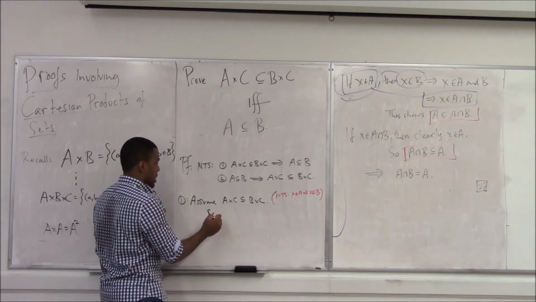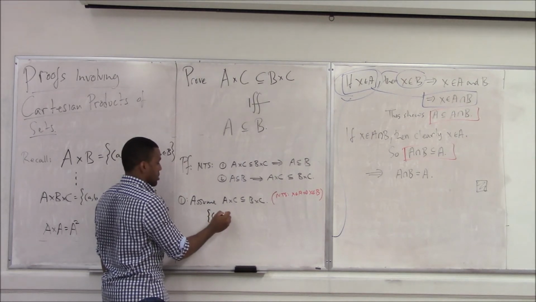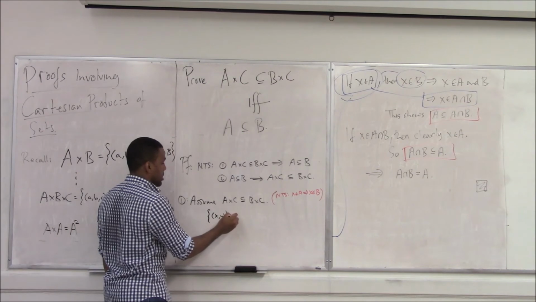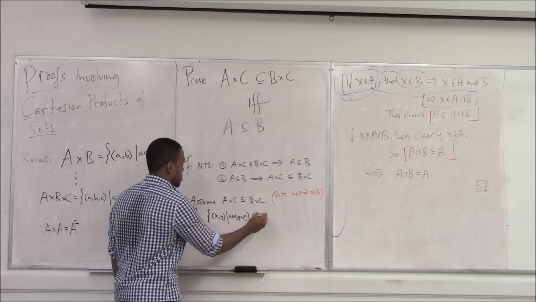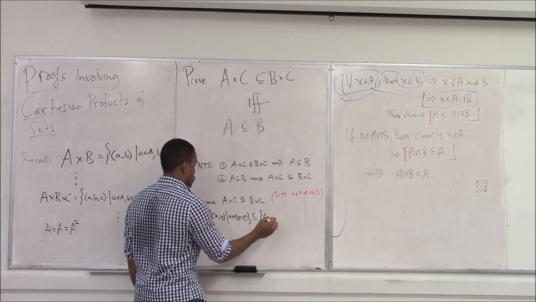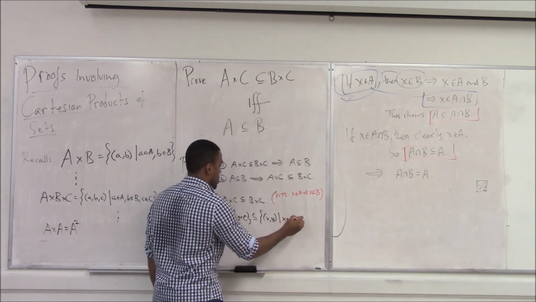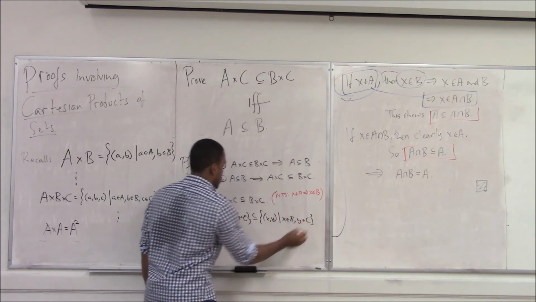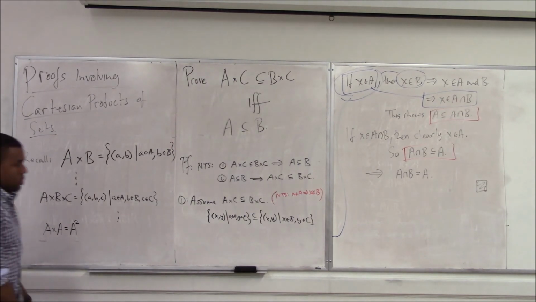Okay, so that means that x comma y such that x is in A, y is in C is a subset of... Well, x is in B, y is in C. Maybe not.